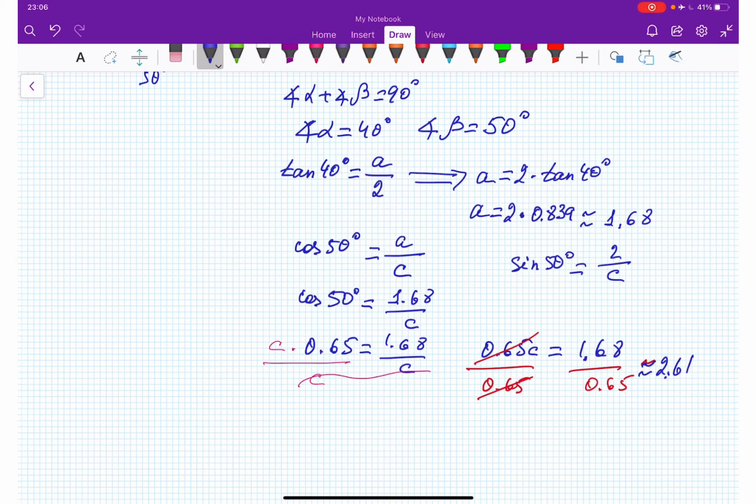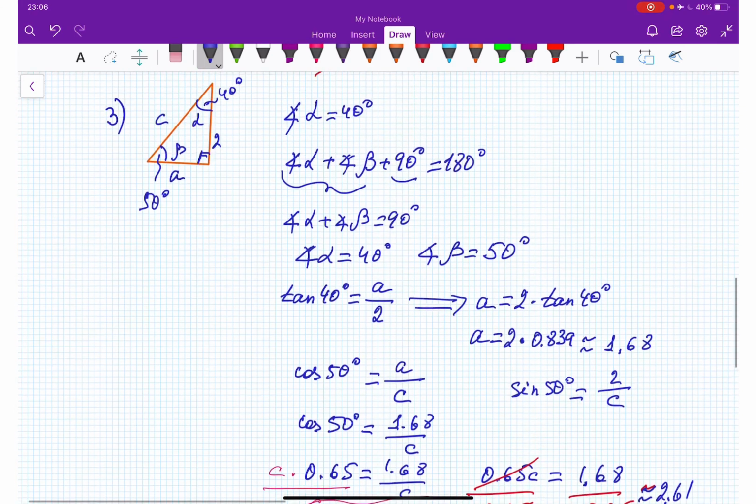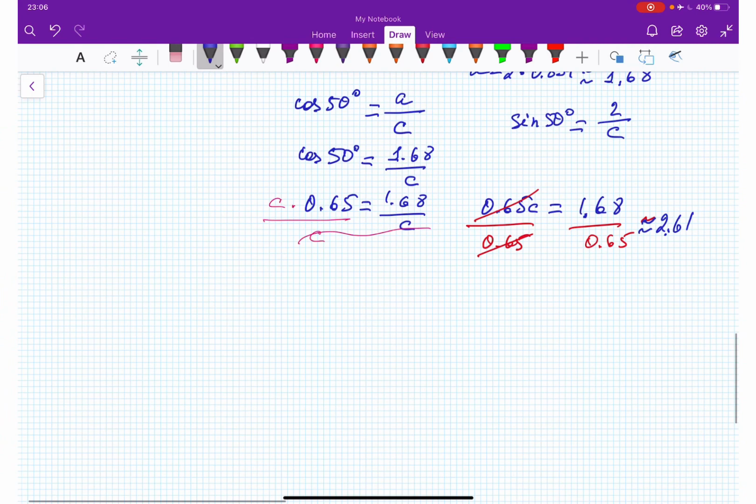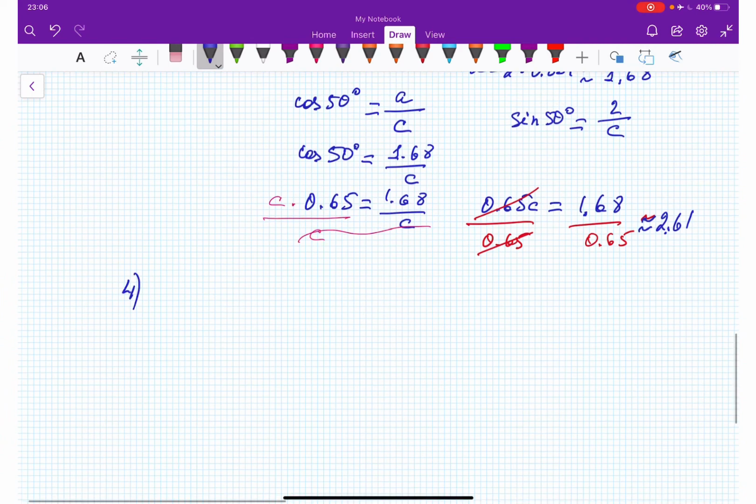Okay. Moving to the next one. Question number 4. We have a triangle with a right angle.